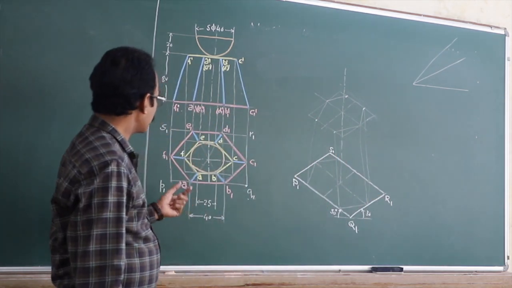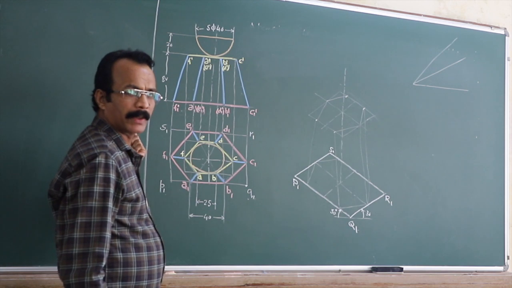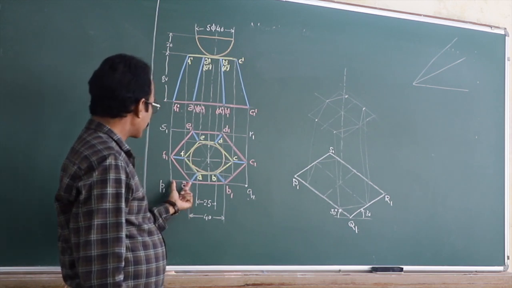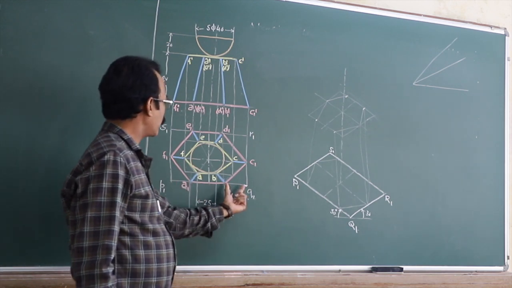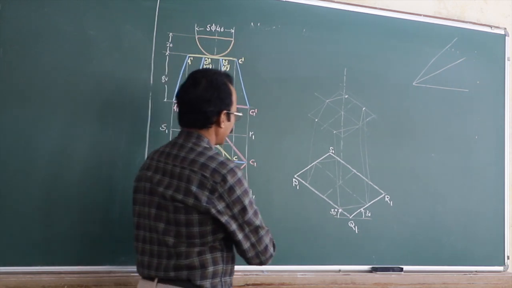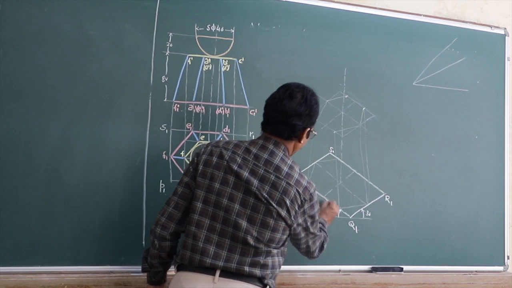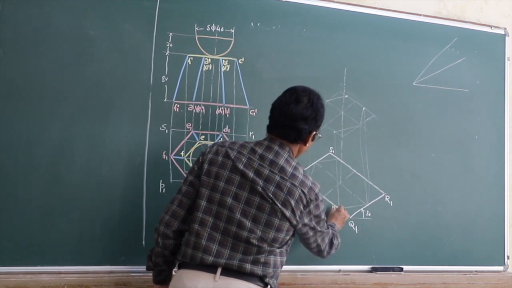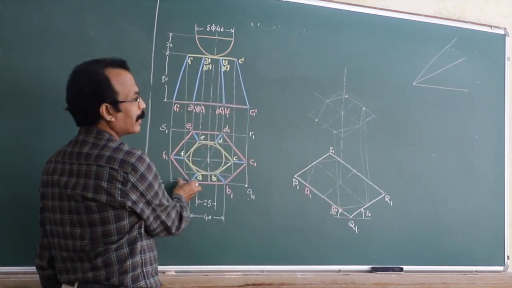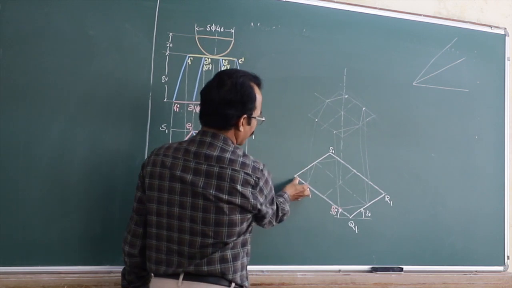Then on this, as I have explained in the prism or the pyramid, you take this distance PA1, which will be equal to QB1, and mark the points here A1, B1. Take this PA1, get it converted, come and mark it here.